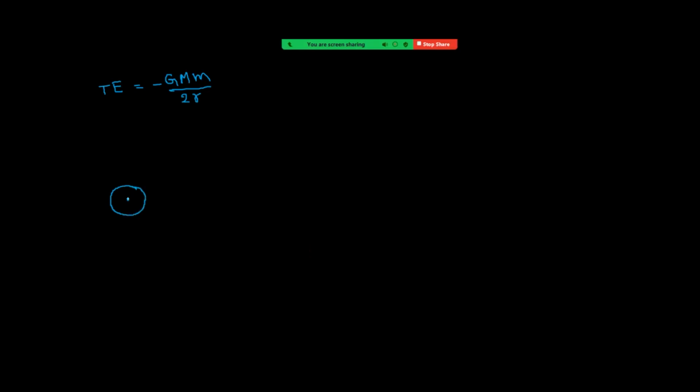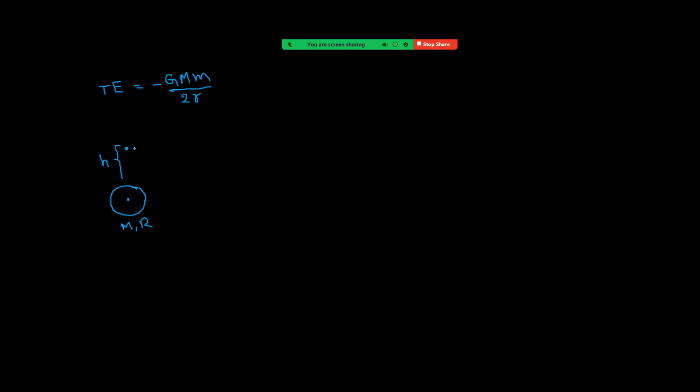This is a planet of mass M, radius is R, right? So we want to project a body from a height h, right? We want to project this with a velocity so that its total energy becomes zero.